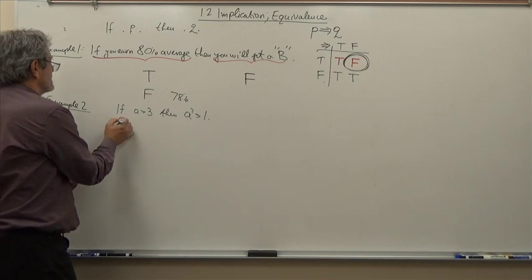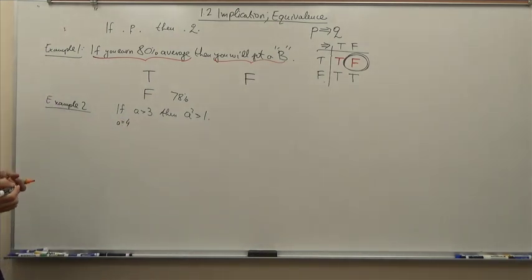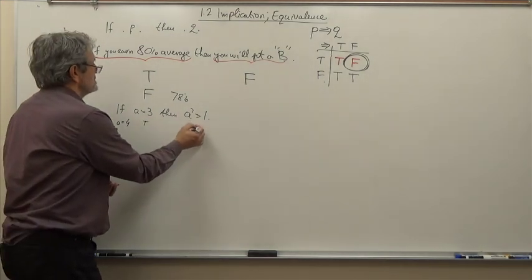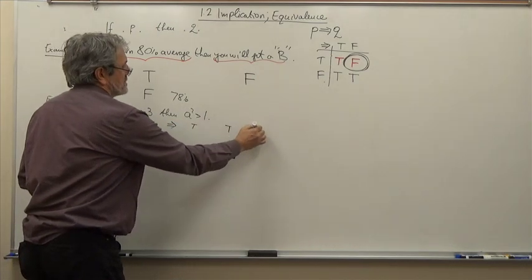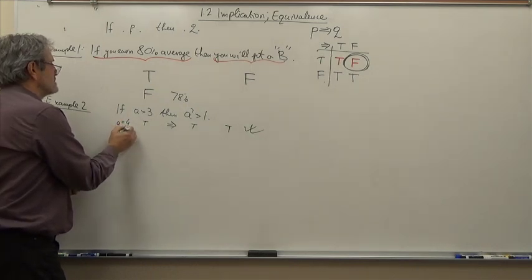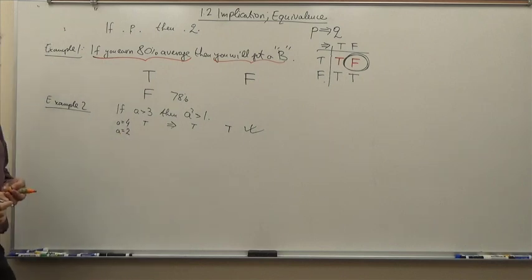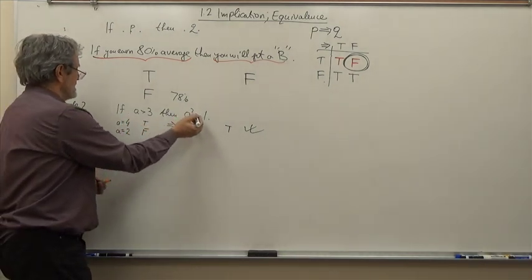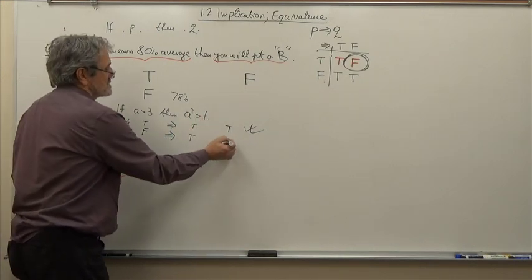Alright, so for the other cases, let A be 4. Then this is true, this is true, so you have true implies true is true, we all are happy. But what if I put A to be 2? Then A greater than 3 is false, A squared is greater than 1 is true, so false implies true should be true.